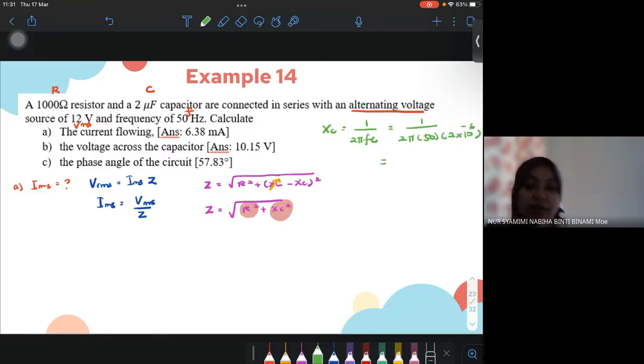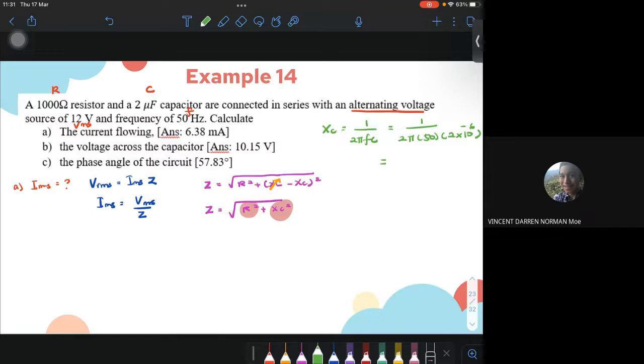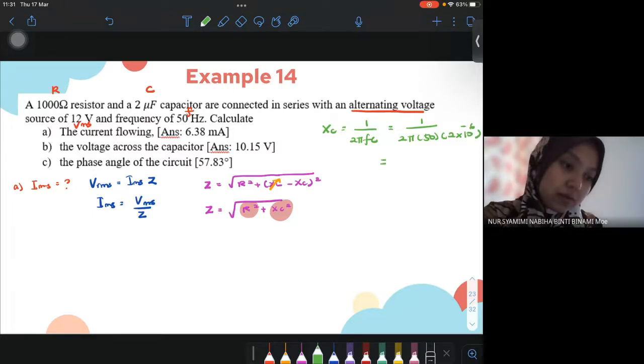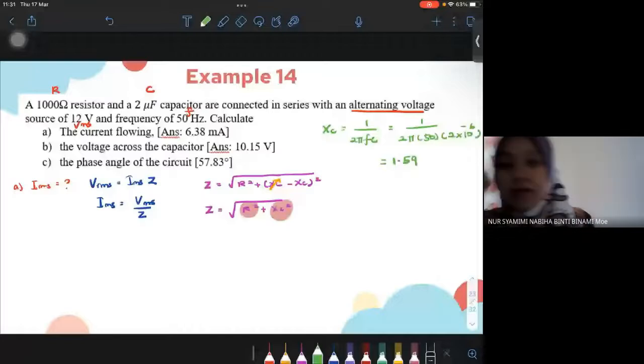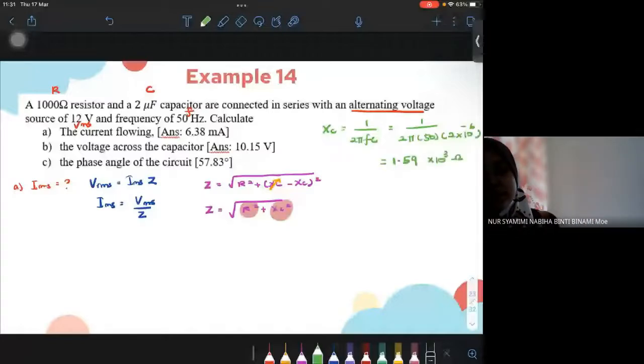Okay, so tolong saya kira berapakah nilai XC? 1,591.55 ohm. So, okay, 1.59 exponent 3 ohm, betul?